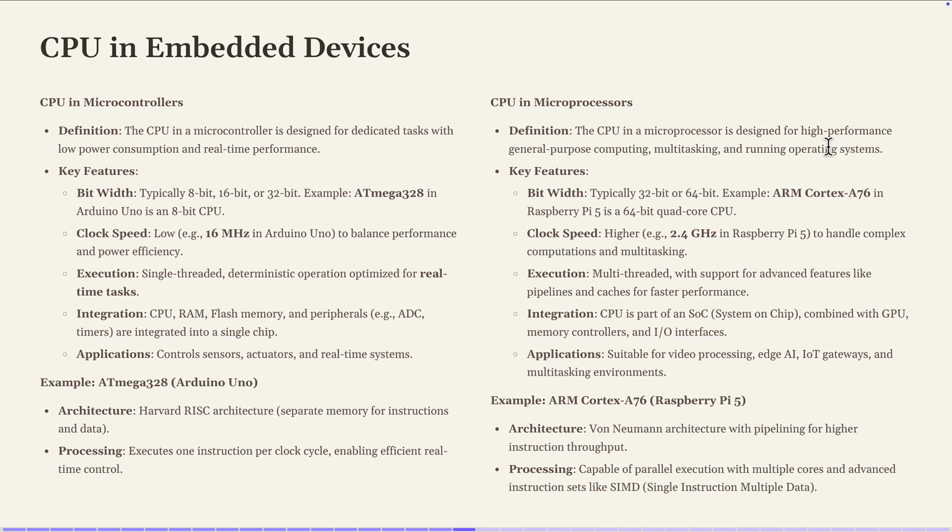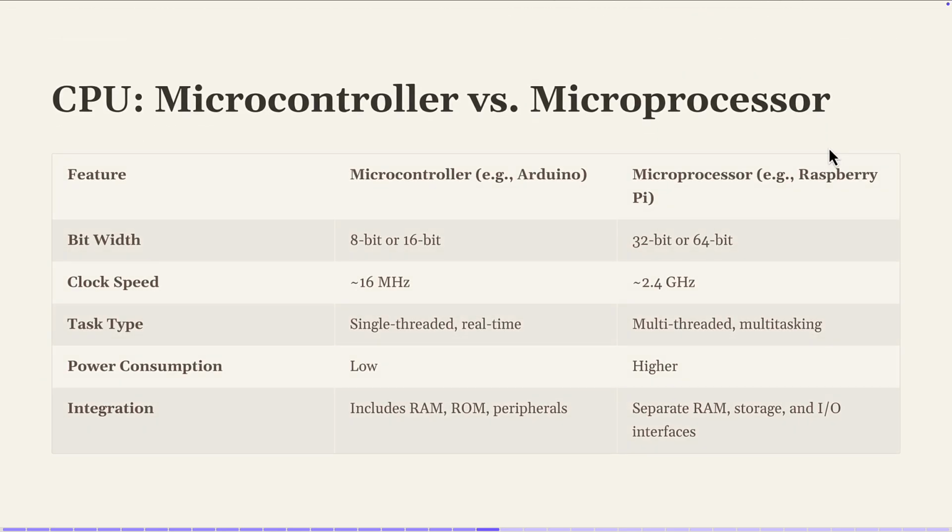Okay, so the type of application for CPUs in microcontrollers is to control sensors and actuators in real time, whereas here it's suitable for more general-purpose applications like video processing, AI, IoT gateways, and multitasking environments. And this table just shows the difference between both.